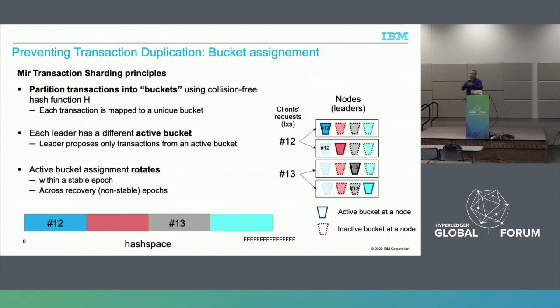And then at the end of the epoch, we rotate the assignment of the buckets. Which means, for example, now node number 1 is faulty, or we reach the end of the epoch. We rotate the assignment in a way that now node number 3 is responsible for this bucket. So it's going to propose, provided that it has the transaction, right?